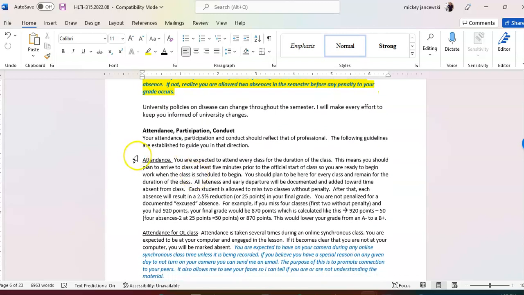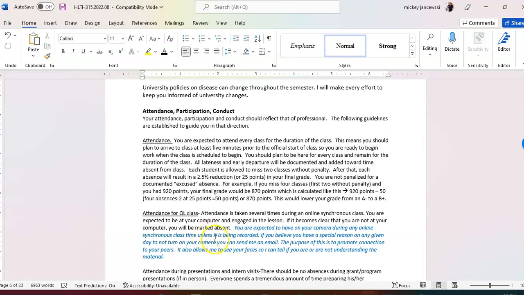Attendance and participation, you're expected to attend class from the very beginning to the end of class, and this describes the penalties once you miss 2 classes. Attendance for an online class that is synchronous. I take attendance several times during the class, and you're also expected to have on your camera during an online synchronous class unless it's being recorded.